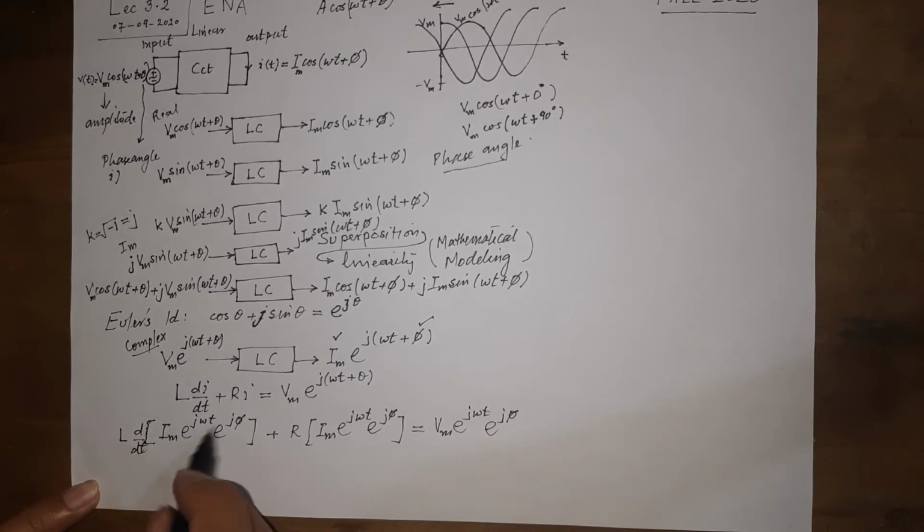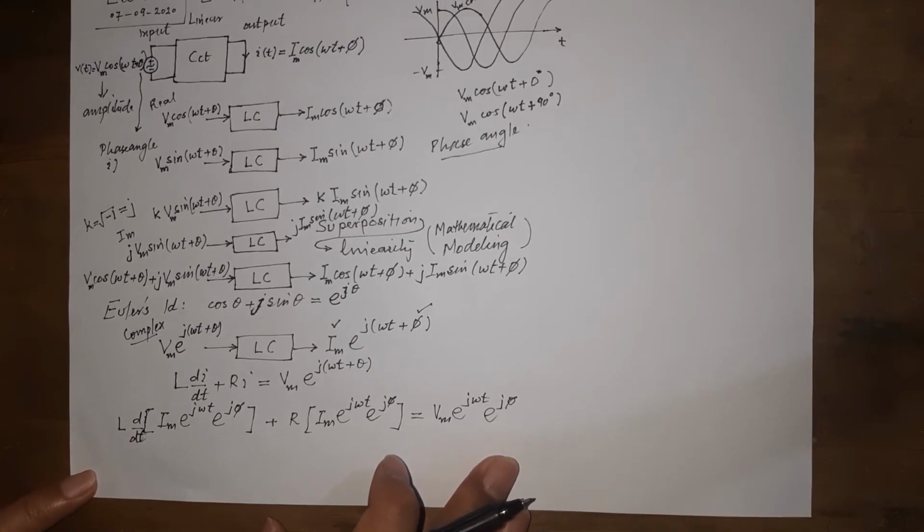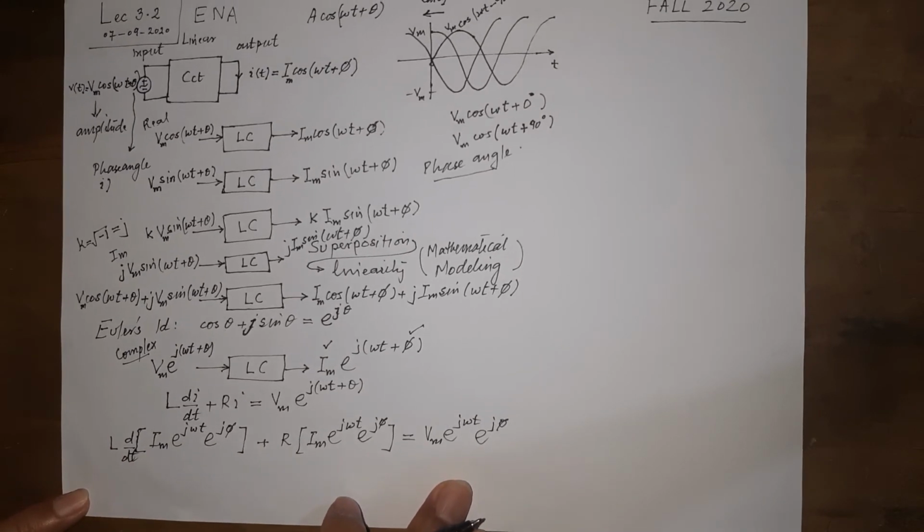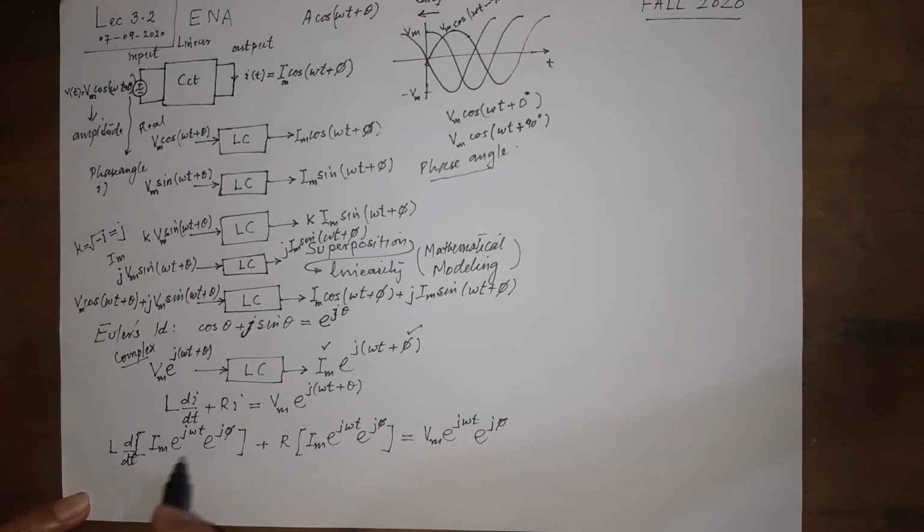Let us take the derivative of this one. What do we get? This is a constant with respect to t, so this will come out and we are going to get j omega.